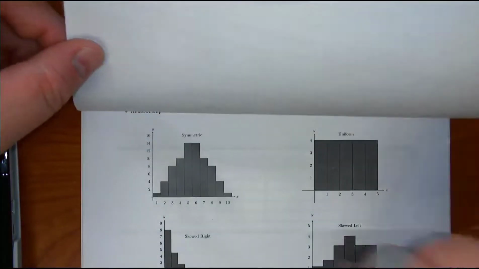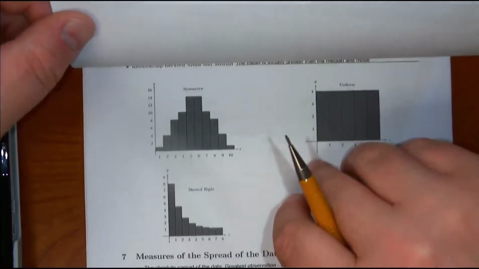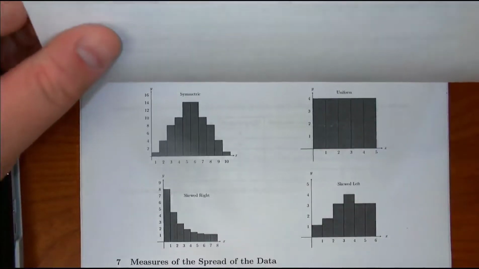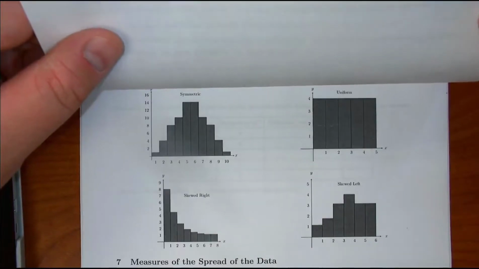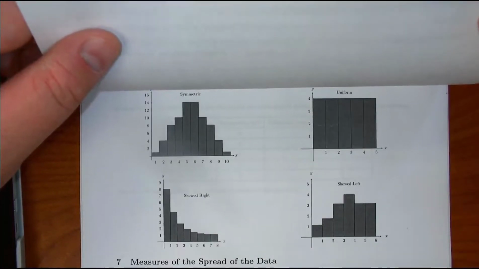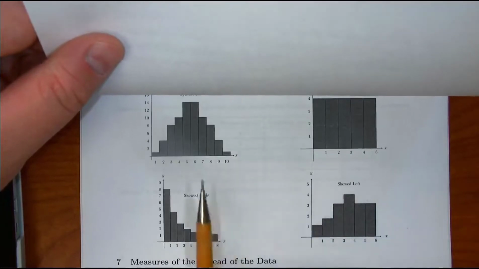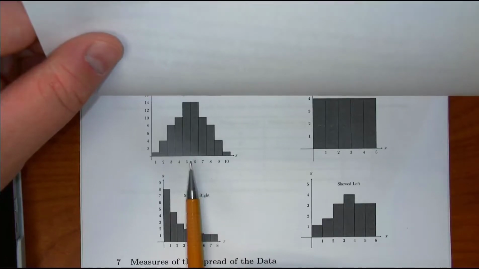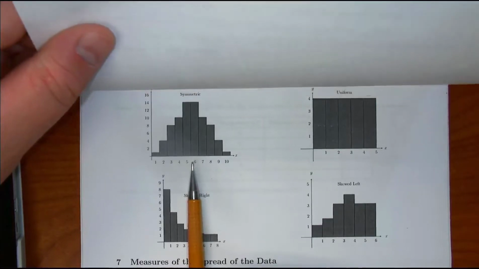You can have a symmetric graph, which basically means the two halves of the graph are mirror images of each other. Think about if you draw a vertical line here, or imagine folding the paper: the two halves would match, they would be mirror images of each other. It's symmetric.